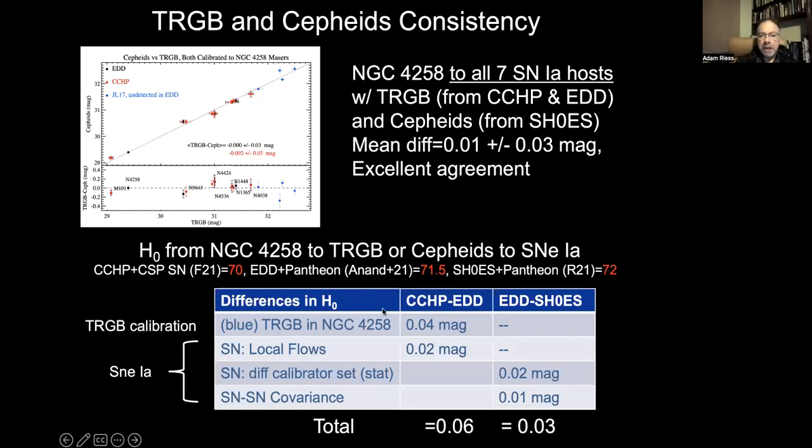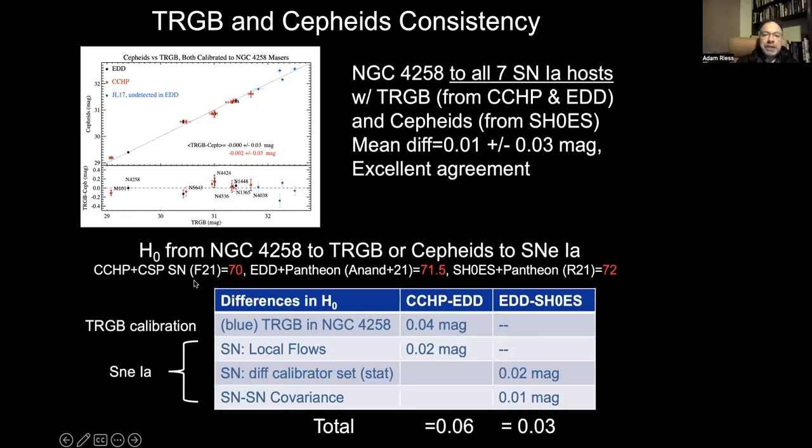This is in our paper. There are two different groups that have measured tip of the red giant branch Hubble constant values. What you mentioned was Wendy Friedman's group, which gets about 70. But there's also the EDD group that uses tip of the red giant branch.